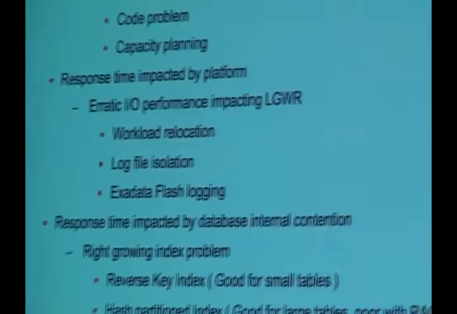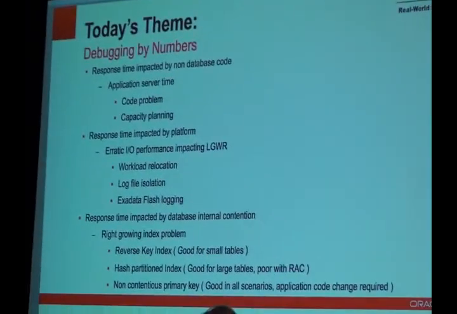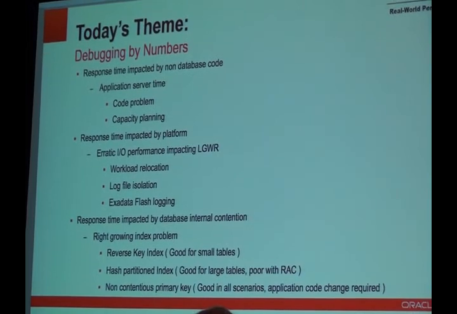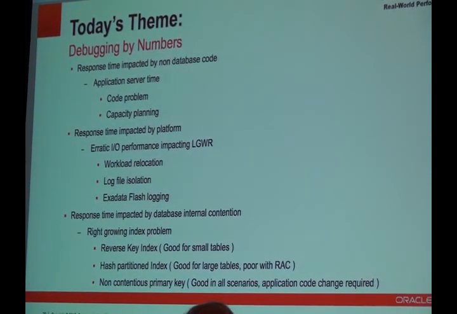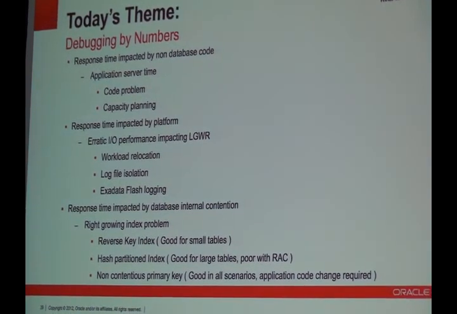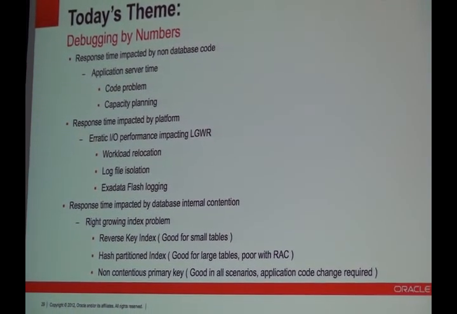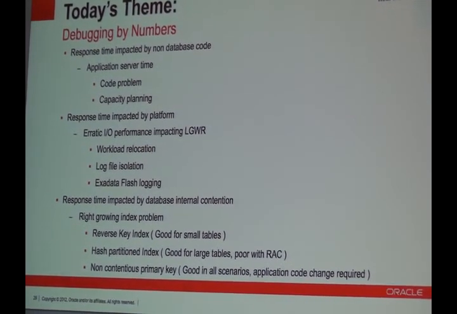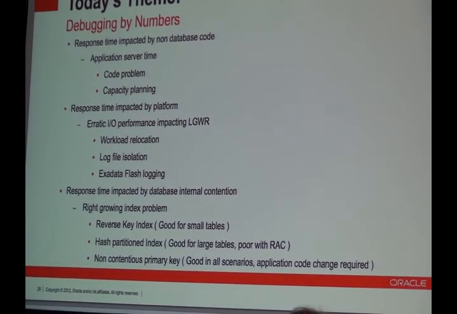Look for the outliers. Don't get dumbed down by averages. Third one, internal database contention. Learn how to eliminate it and mitigate it with all the various tools. It's all out there for you. That's the simple solution. It's what we do, believe it or not, every day.